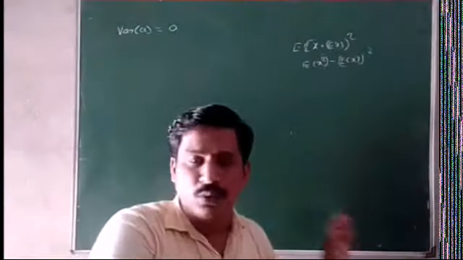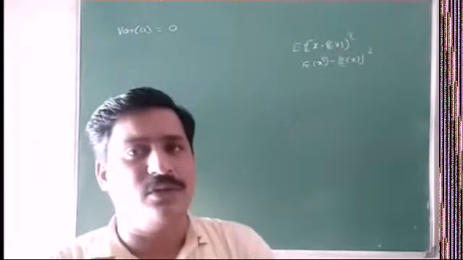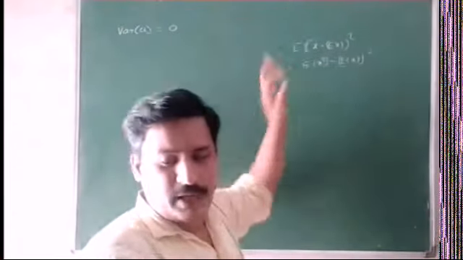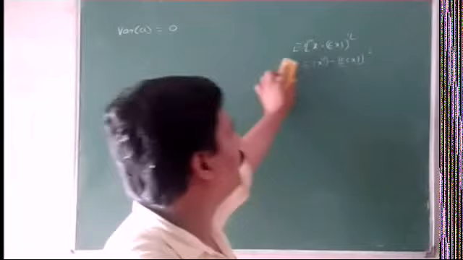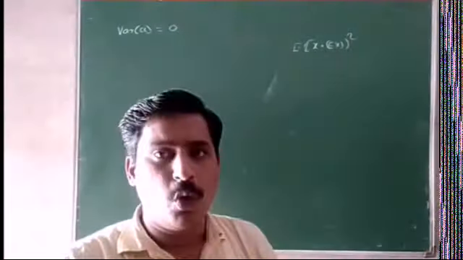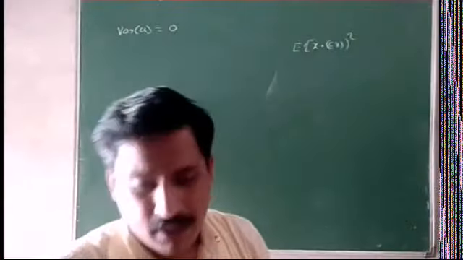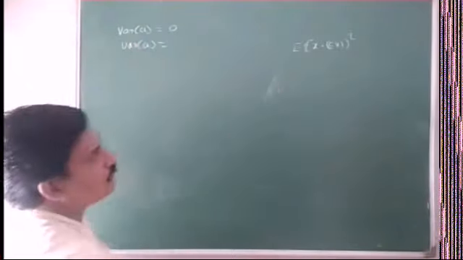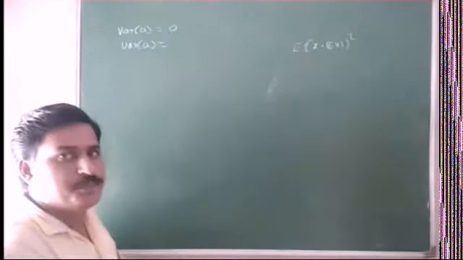Now to prove this variance of A is equal to 0, we take the first formula here. That is E of X minus E of X whole square. Now here, variance of A is equal to, in the place of X, now we have to put what here?